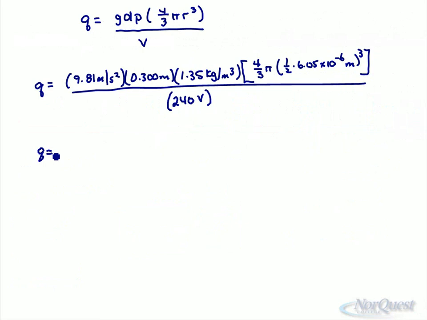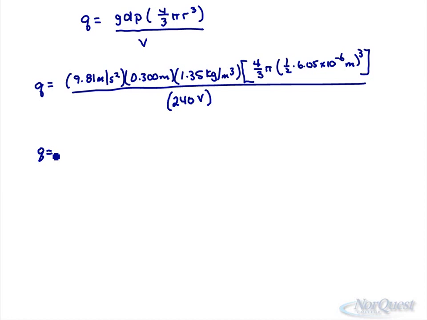I'm going to work out what the 4/3 pi r cubed is first. 4 divided by 3 times pi times 0.5 times 6.05 to the exponent negative 6 to the power 3. Work out the volume times by 1.35 times by 0.3 times by 9.81.